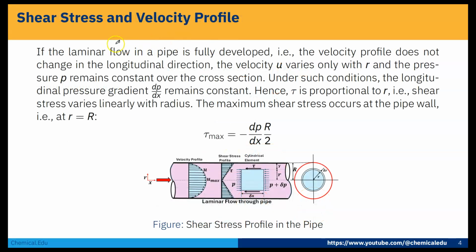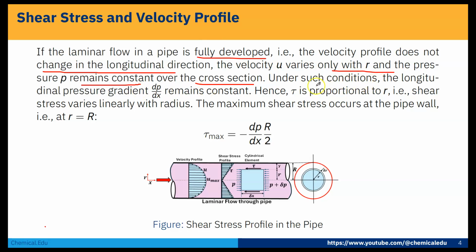Now talk about shear stress and velocity profile. If the laminar flow in a pipe is fully developed, that is, the velocity profile does not change in the longitudinal direction, the velocity u varies only with r, and the pressure P remains constant over the cross section.